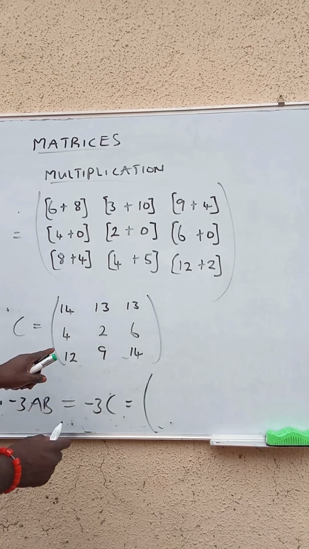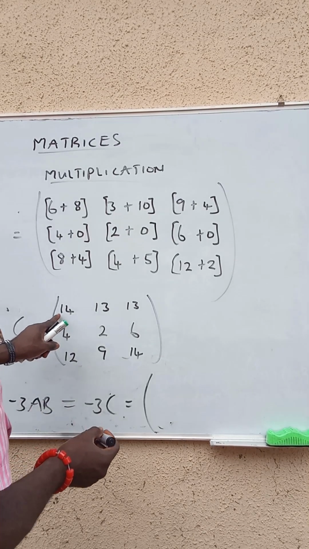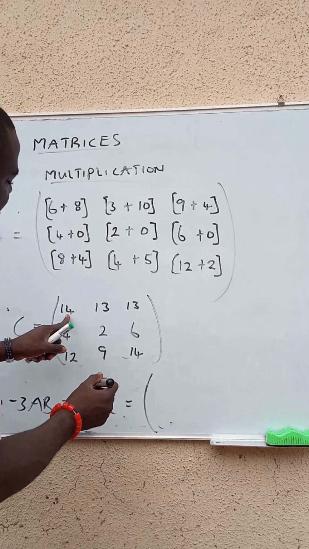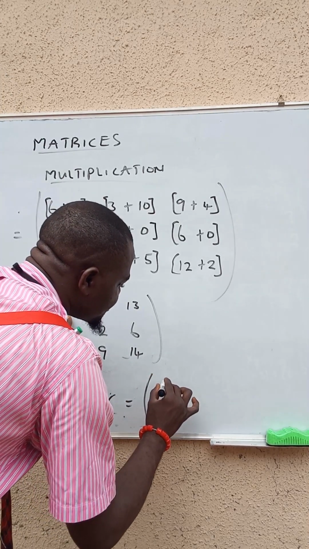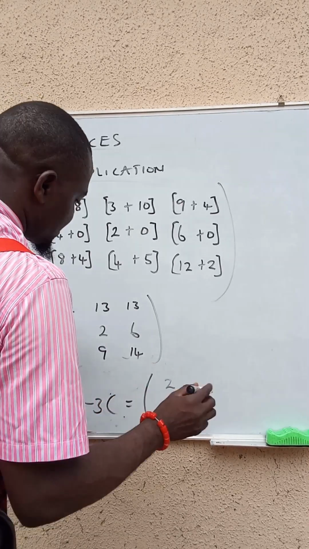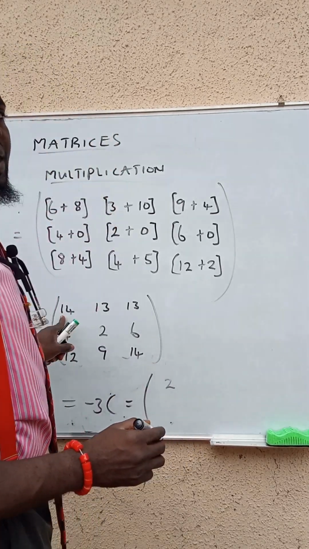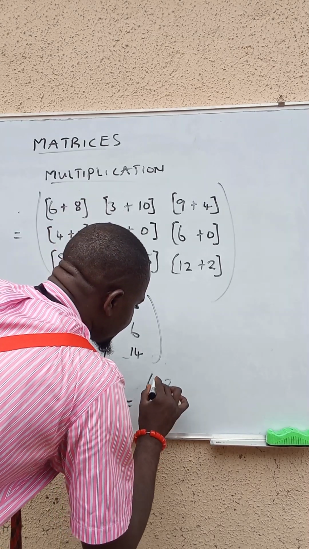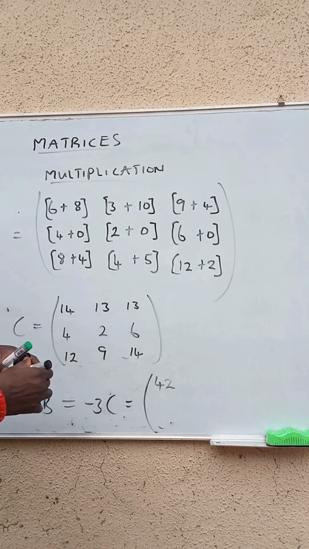You put the 3 and multiply. So you multiply 3 times 14. 3 times 4 is 12, write 2. 3 times 1 is 3 plus the one you carry, that is 4. You have 42.